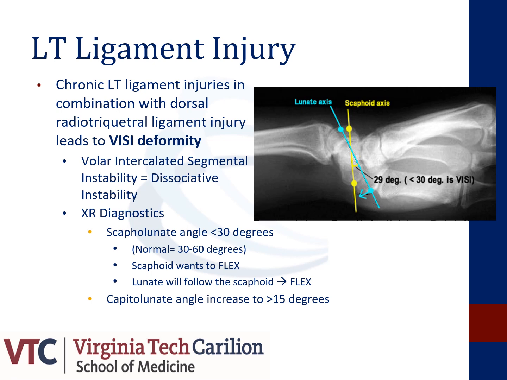On X-ray, you'll be looking for your scapholunate angle. A VISI deformity is consistent with a scapholunate angle less than 30 degrees. This occurs because of the disruption between the lunate and the triquetrum, which allows both the lunate and the scaphoid to flex. You will also be looking at the capitolunate angle. You can compare between sides and you'll note an increase of greater than 15 degrees.